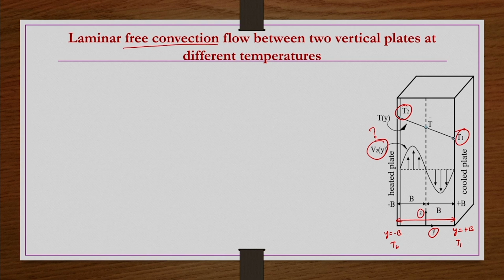That means free convection is taking place, so variations in density are taking place because of temperature variations. Further to mention, these plates are closed both at the top and bottom, so the fluid is circulating because of convection only.